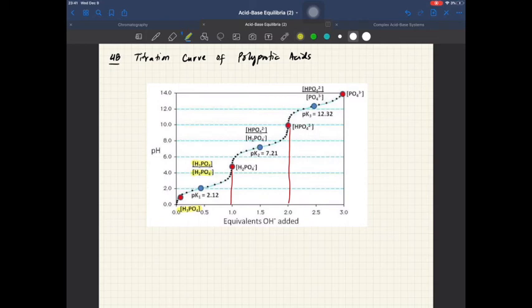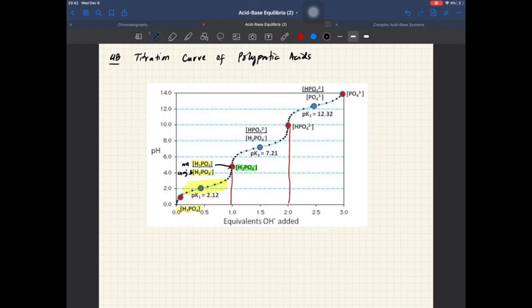This region here is the buffer region for the first equivalence point. The buffer region is composed of the weak acid and its conjugate base. At the first equivalence point, all the phosphoric acid is converted to dihydrogen phosphate.